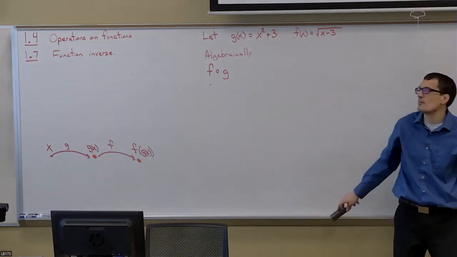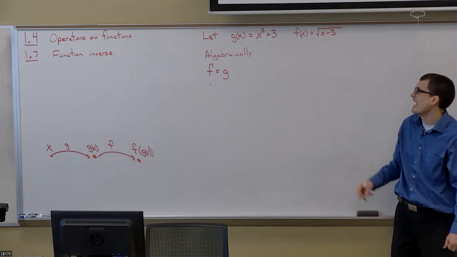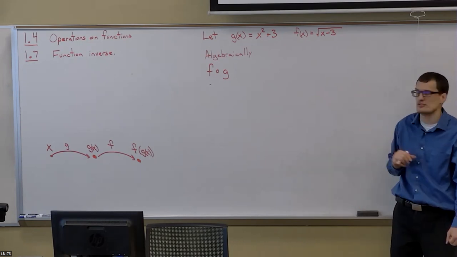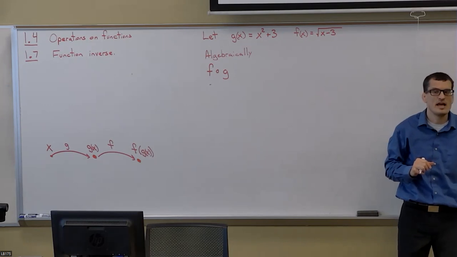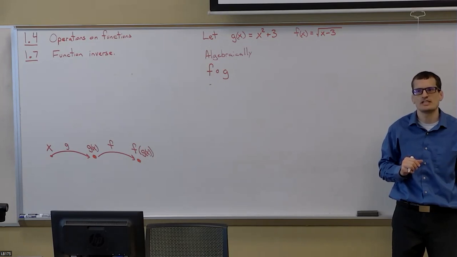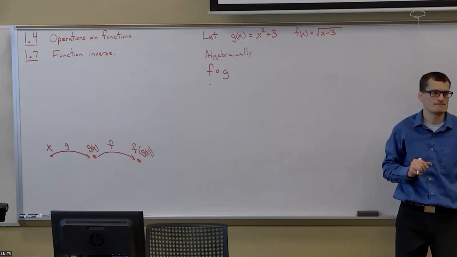Let's say I wanted to compose G and F. So I go F composed with G in this case. And in this case, my F is square root of x minus 3, and my G is x squared plus 3.